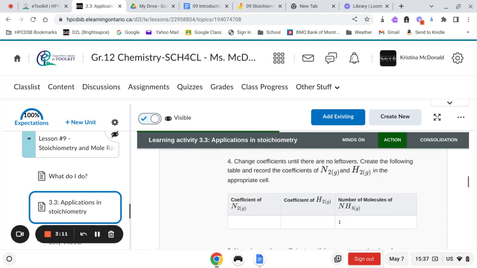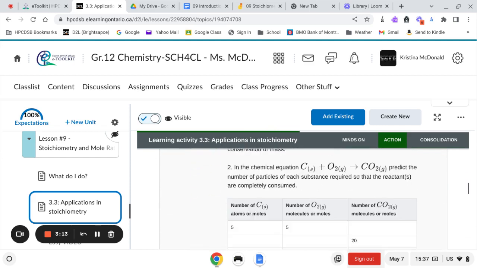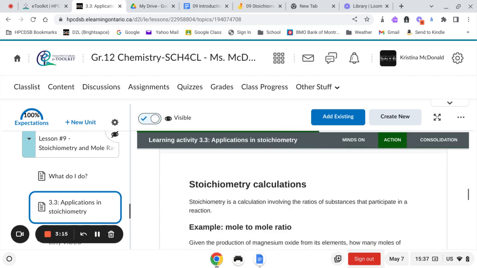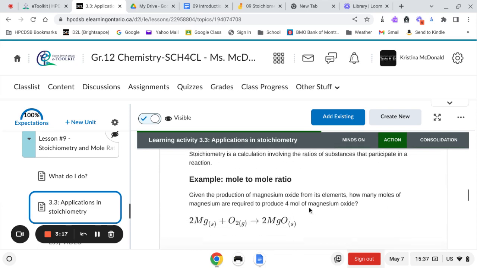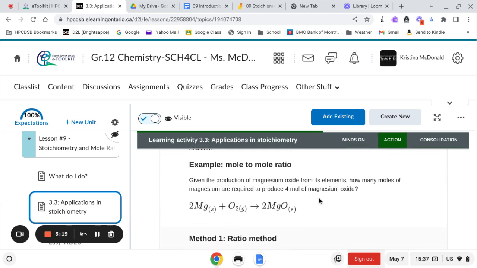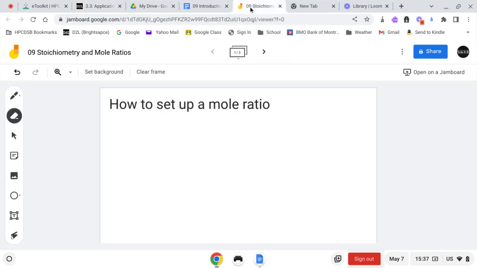So as we scroll down, there are some questions for you to ask. And then we eventually get down here to these stoichiometry calculations. I'm going to do these two examples with you right now. So the first thing that we need to know is how do we set up a mole ratio?